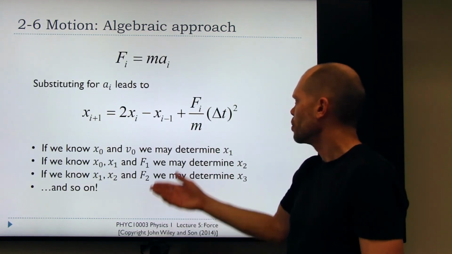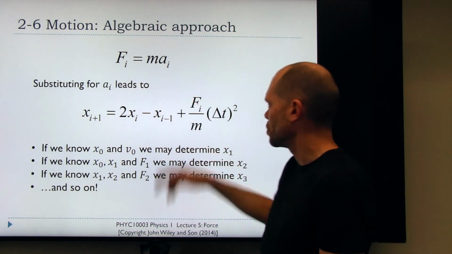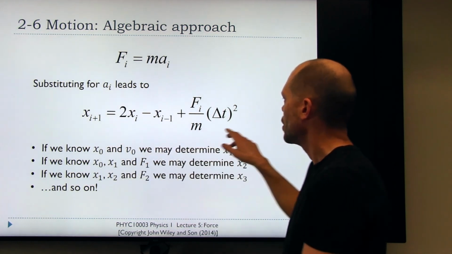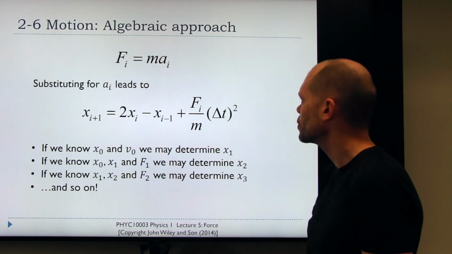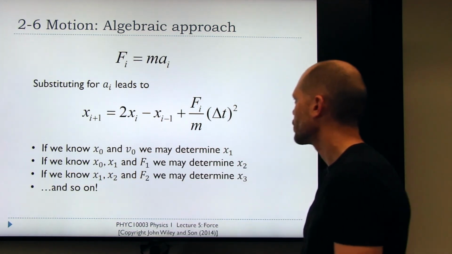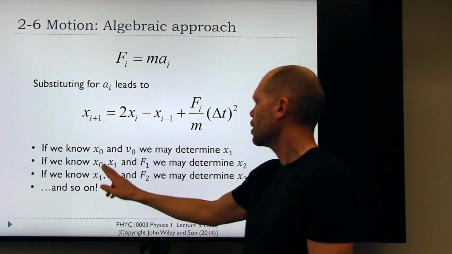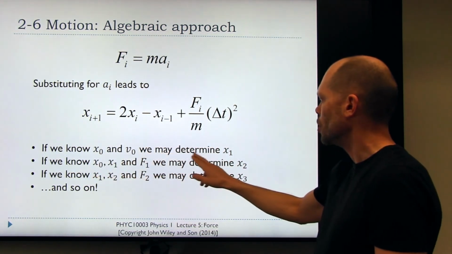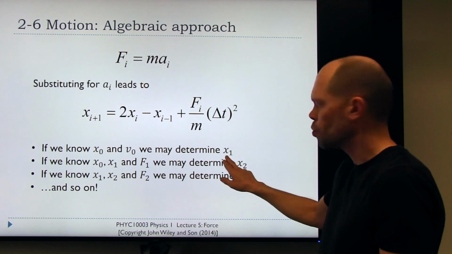So this is an algebraic approach to it, of course. So force is equal to mass times acceleration. We substitute a of i, that equation we had before. We plug that in, and then we can solve for x. So we know that our initial position and our initial velocity, if we know that, we can determine our x1.